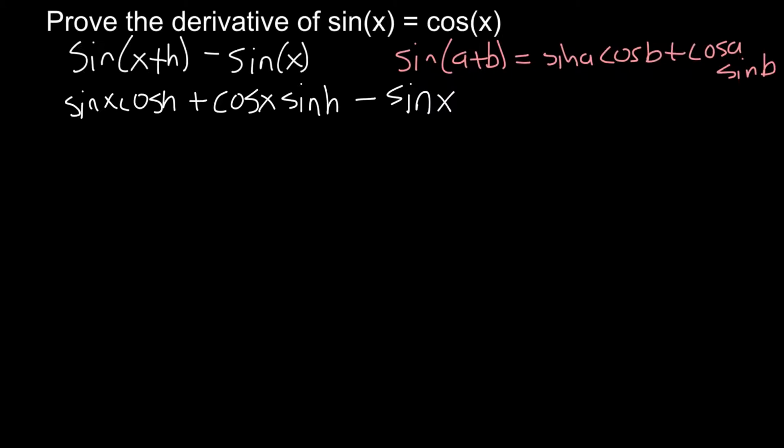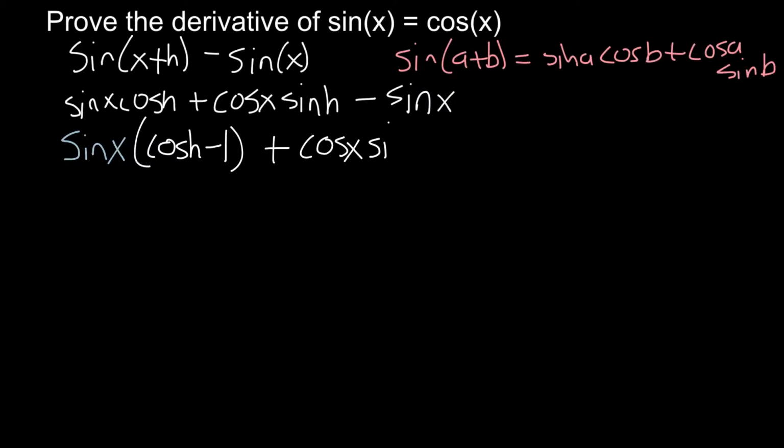And now we'll notice that we have sine x and sine x common. So we're going to go ahead and factor it out, giving us sine x times cos of h minus 1 plus cos of x sine of h.